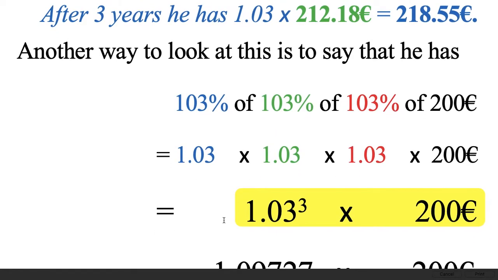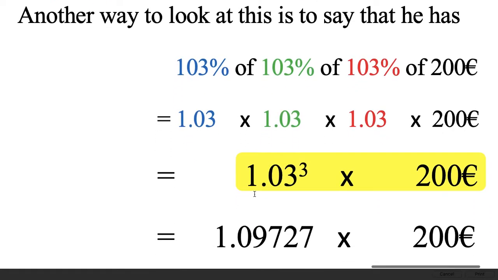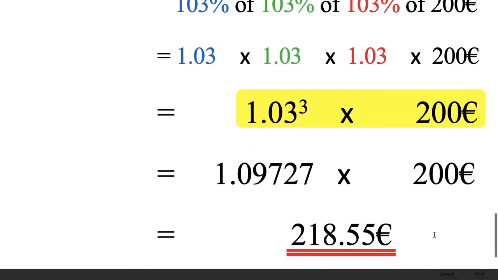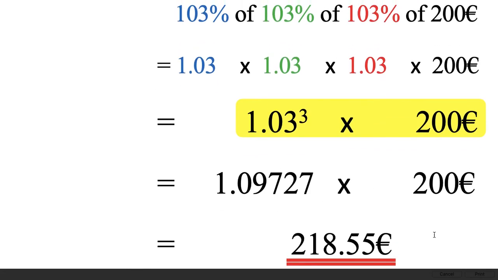Don't make that mistake. Okay, so 1.03 to the power of 3 is something that you can stick straight into your calculator. That's the same as all the 1.03s multiplied together, times 200, which gives you 218.55.